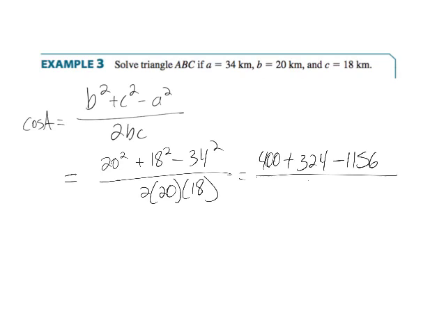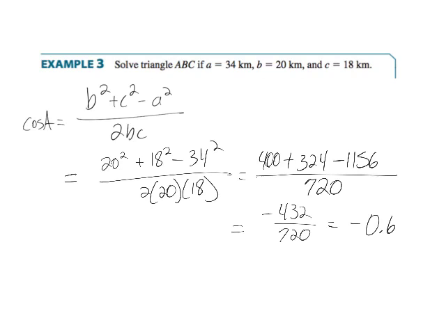So let's see. On the bottom we get 720, and on the top it's 400 plus 324, I'm sorry, plus 2025, minus 1156. That is going to give me negative 432 over 720. Divide that by 720, and that winds up giving me negative 0.6.